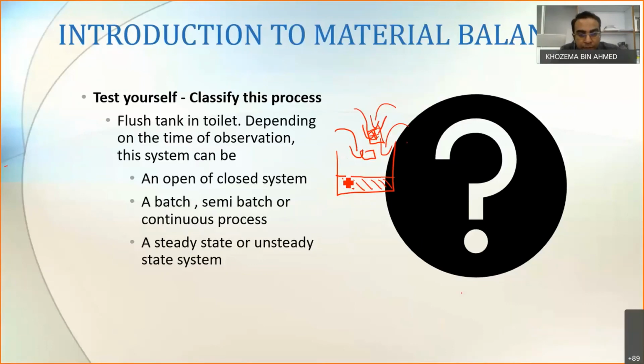Water will also be losing mass because it will be boiling. So you have an unsteady state process. I hope you understand the difference between all these processes, because it is important when you are using your material balance after this.